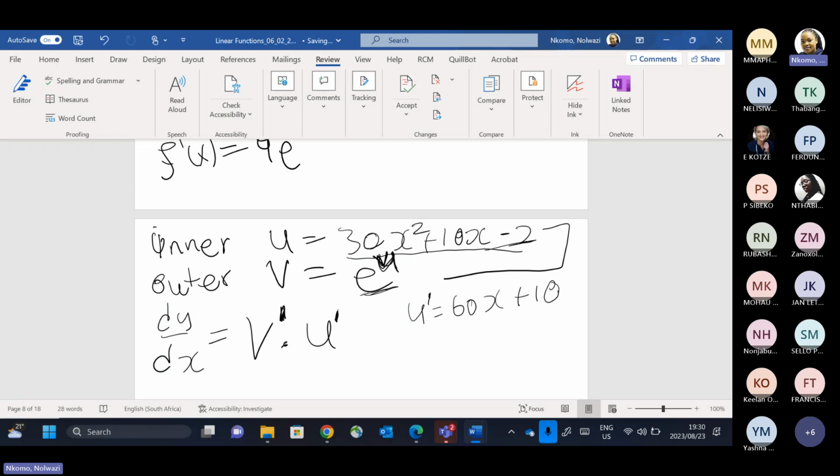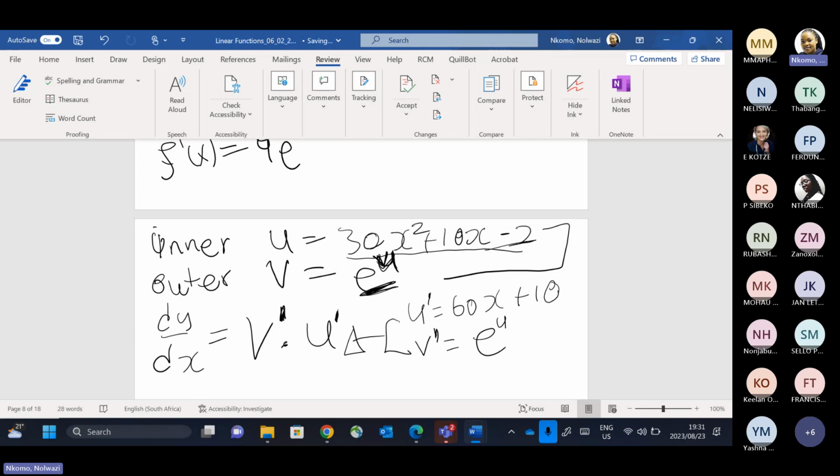And this function is e to the power v, it's e to the power u. And we know that the derivative of e to the power x is e to the power x itself, meaning v prime would be e to the power u, right?